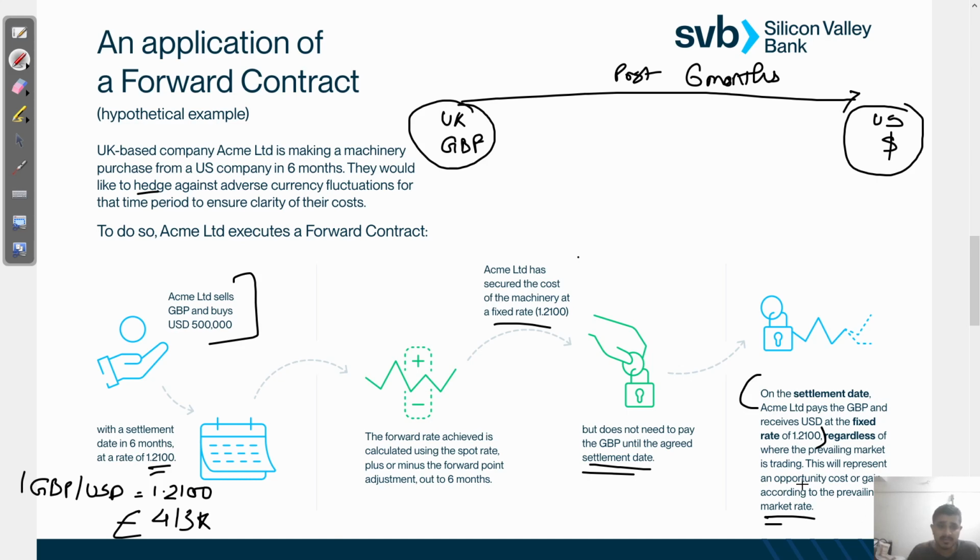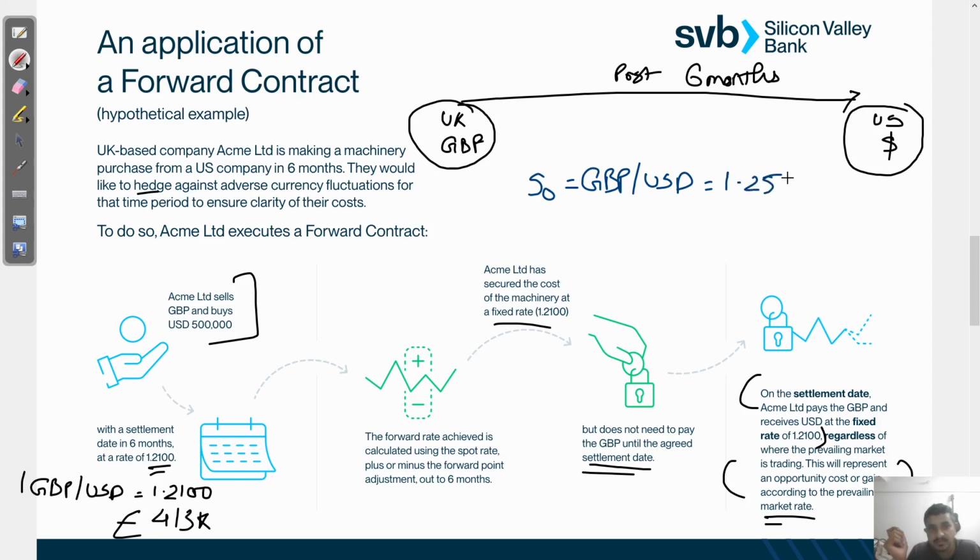Now, what does it mean, opportunity cost or gain? For example, in the spot market, let's just say after 6 months, the spot market for GBP USD is 1.25.